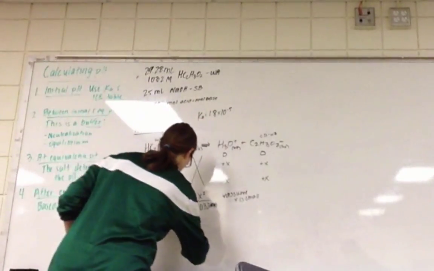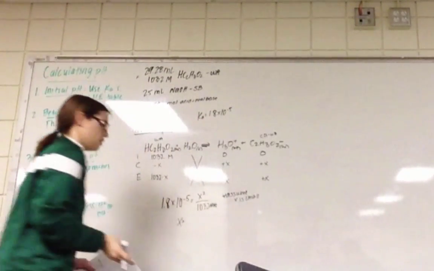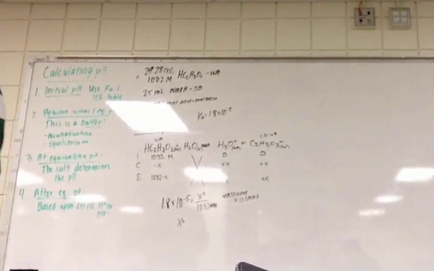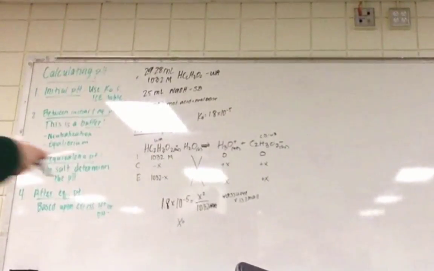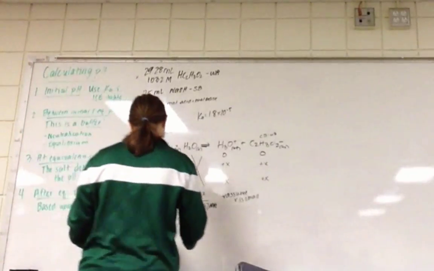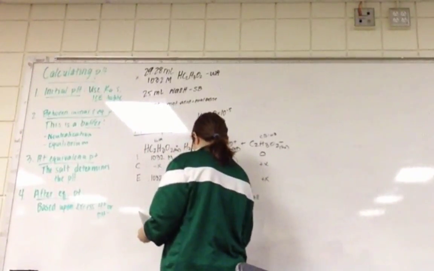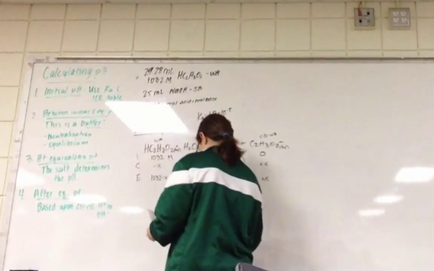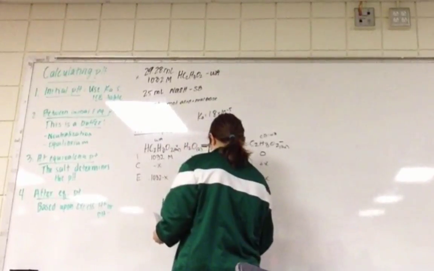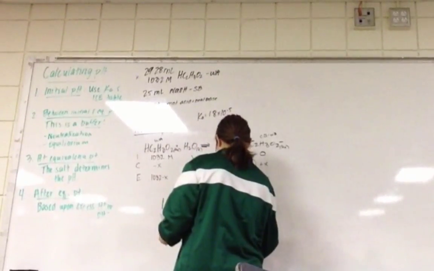So take a second, solve for X, check with people around you, see if you get something similar to each other. And then label what X is. What does X represent? Make sure you label it. Mine's 0.00136. Yeah, that's fine.